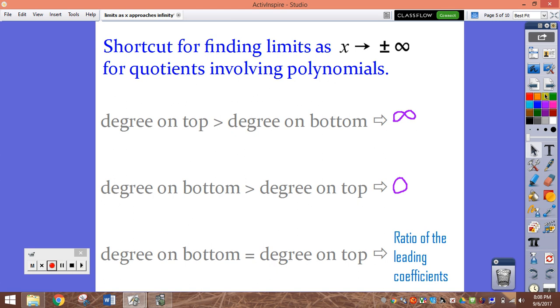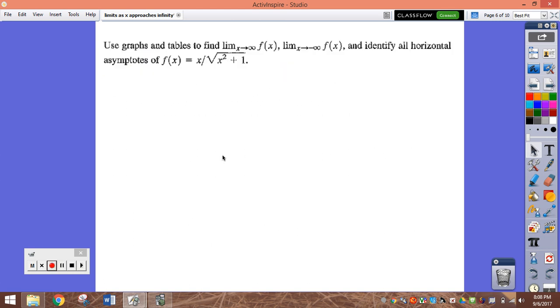So looking back at the example I just showed you, you can think through this without having to graph it. And anytime you have a square root of x squared, you combine those two together to get the degree. So square root is the same thing as raising to the 1/2.